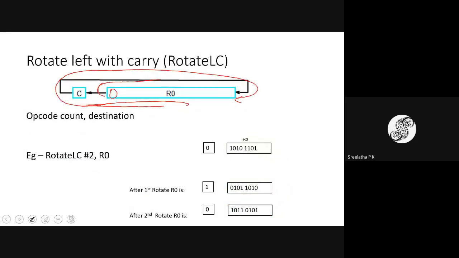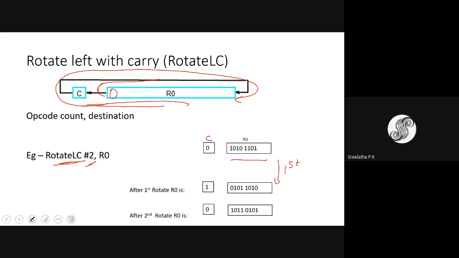Next is rotate left with carry. Carry flag is considered. So this is the register content, and this is the carry flag. You are shifting to the left, so 2 shifts are required. I'll first shift by 1.